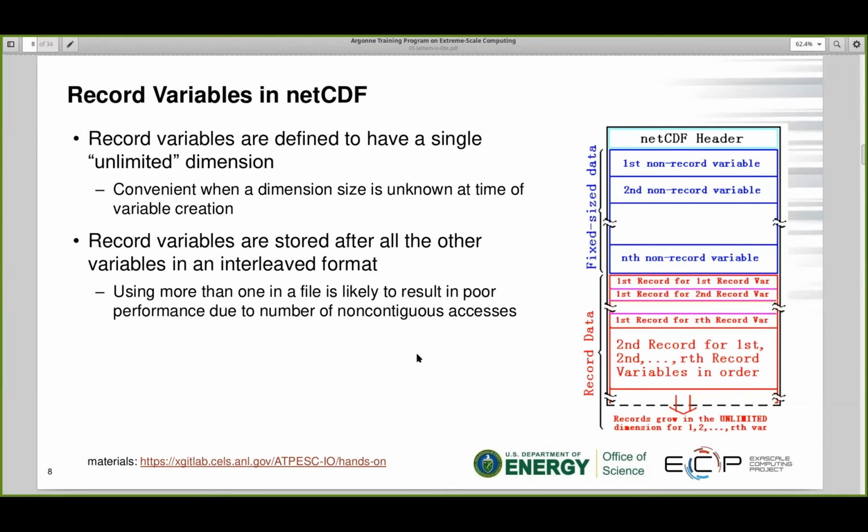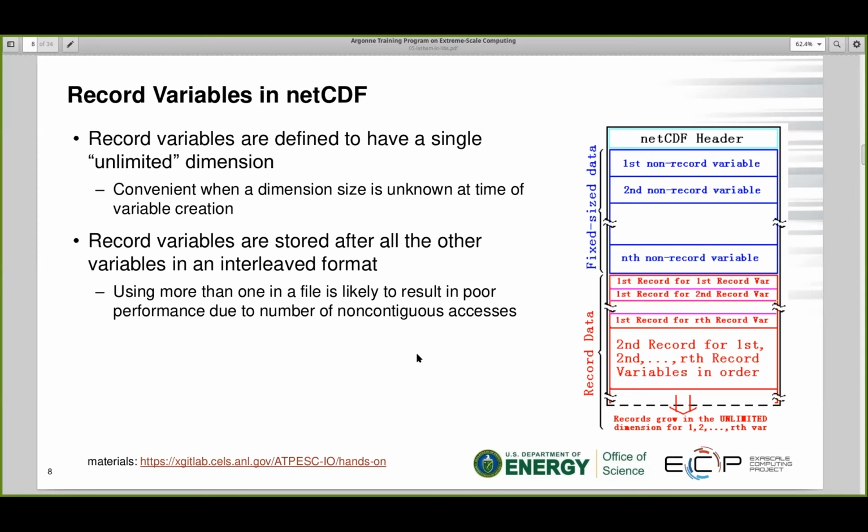One complication in NetCDF and ParallelNetCDF is the way we handle variables that change over time. These record variables have a performance implication. If you only have one record variable, that's not such a big deal. But in NetCDF, we have a header which describes the variables. These non-record variables, variables that we know are going to be X by Y by Z, are the easiest to work with in ParallelNetCDF and NetCDF.